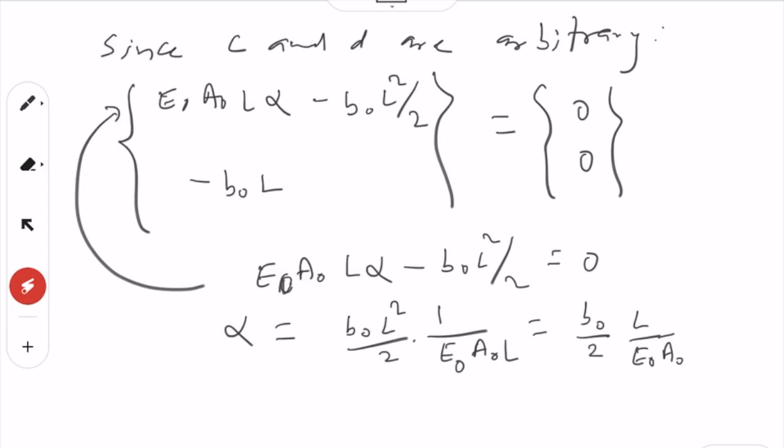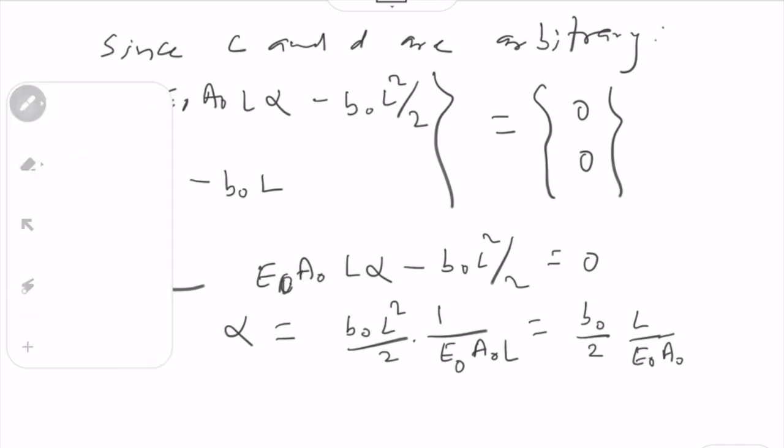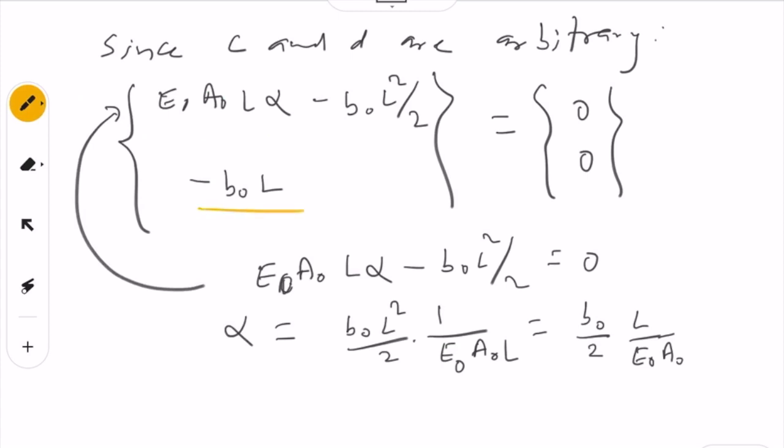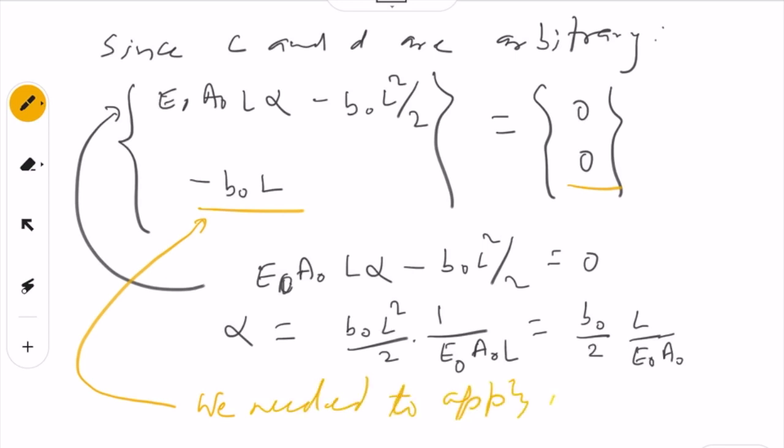This condition, which tells you that this is equal to 0, is the essential boundary condition we needed to apply in the beginning itself.